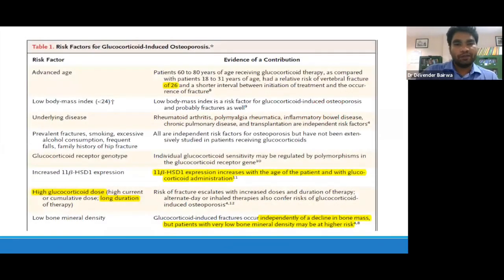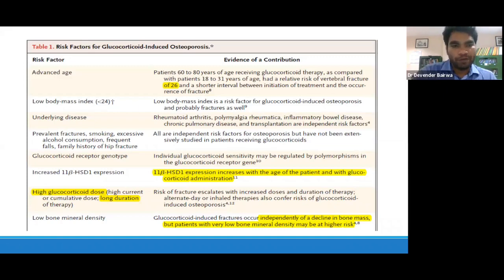So coming to risk factors for glucocorticoid-induced osteoporosis. So these are the factors. This table has been taken from one of the articles. Risk factors include advanced age, low body mass index, underlying disease, including your RA patient, rheumatica patient, IBD patient, COPD patient, transplantation patients. Then prevalent factors like smoking, excessive alcohol consumption, frequent falls, family history of hip fracture.